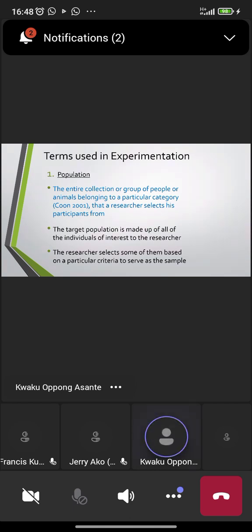So we are interested in University of Ghana students. All students who are enrolled in University of Ghana programs will be part of my population. But if I'm interested in DE psychology students, then I'm looking at level 100 to 400. All these students who are doing psychology, they will be my population. So they are made up of all individuals of interest to the researcher.